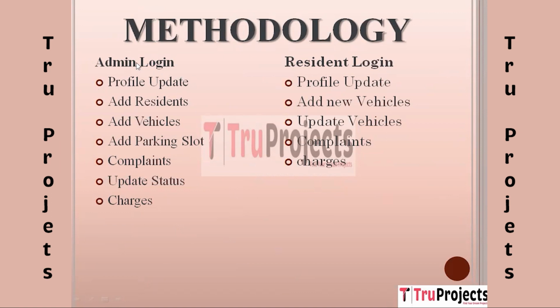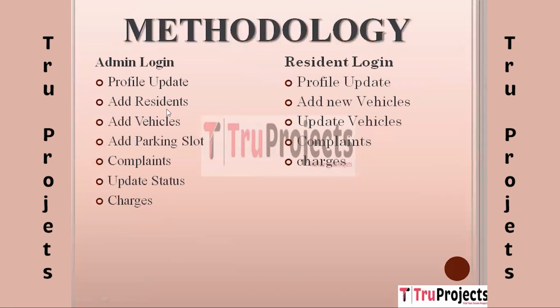In admin module, we have admin login. In this module, we will establish a secure login system that allows administrators to access the system using predefined credentials, username and password. Profile update. Here, administrators will be able to update their profile information including their name and contact details, ensuring accurate and up-to-date records.